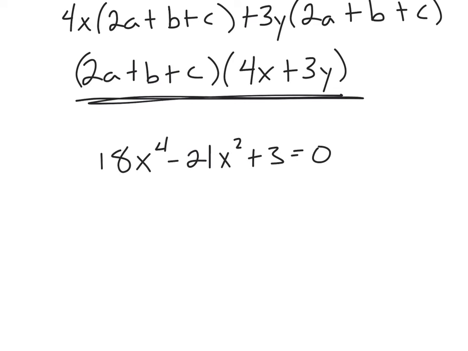So let's play with this. All right, so what they're asking you to do in this particular problem is to rewrite this in what they call a quadratic form, right? So they're asking for a way to take this and turn it into something that can be squared, so that you wind up replacing things and getting a quadratic problem.